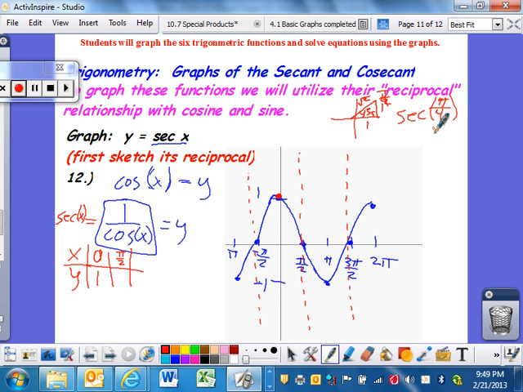What's cosine? Our adjacent over our hypotenuse, so it ends up being square root of 2 over 2. That's our cosine of pi over 4. For secant, we're doing 1 over this, so it's going to be the exact opposite: 2 over square root of 2. So we end up having square root of 2, because the 2's cancel.